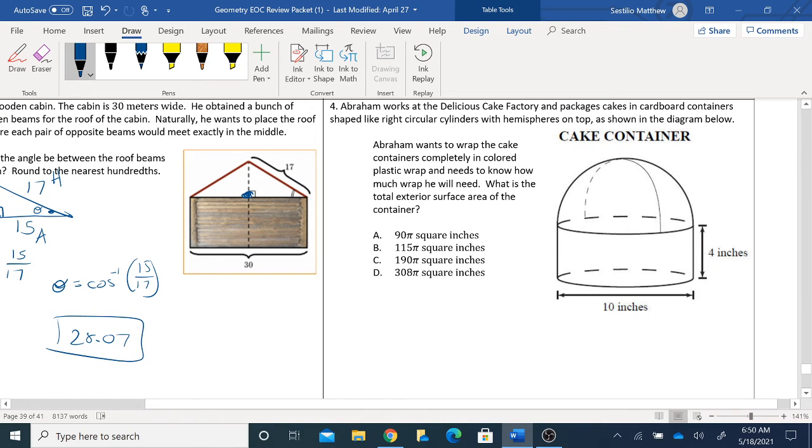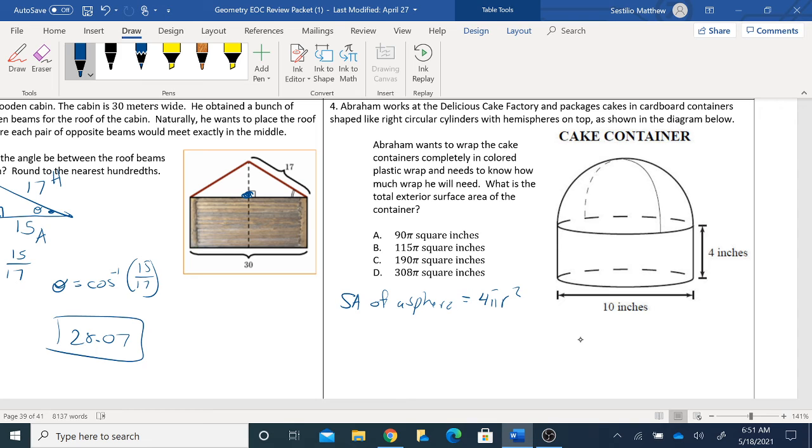Just wrap the cake. So we want to know the total surface area of this thing. So I think the surface area of a sphere, this is something you're going to have to remember, is 4 pi r squared. We got half a sphere.